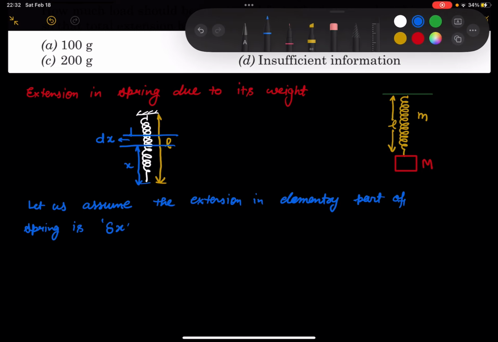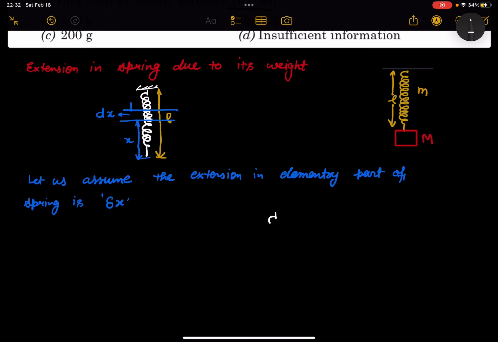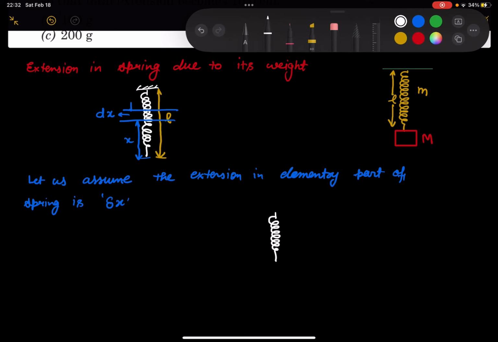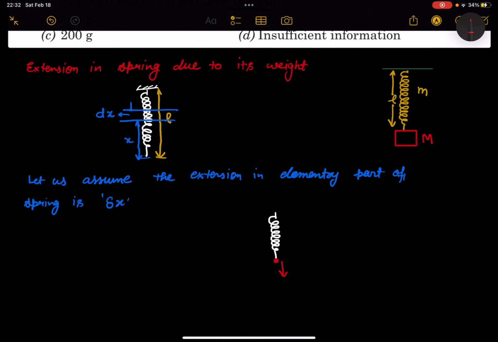So I want to draw this dx line separately, then you will understand. This is the dx length in magnified view, and in this dx length some extension will happen. If you talk about this point, then here tension T is developed, and here the tension increases, so the tension is T plus dT.